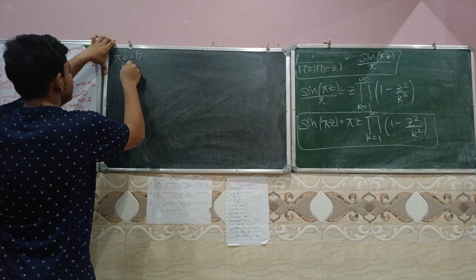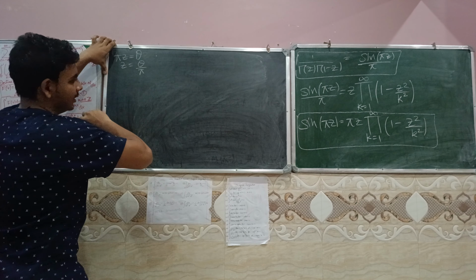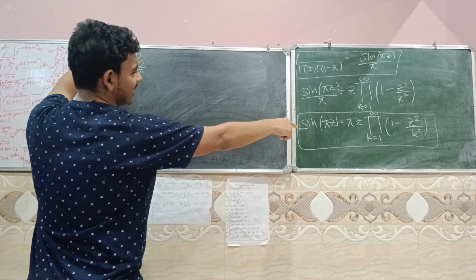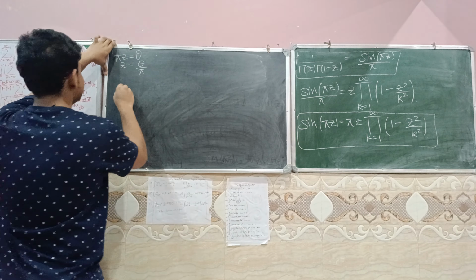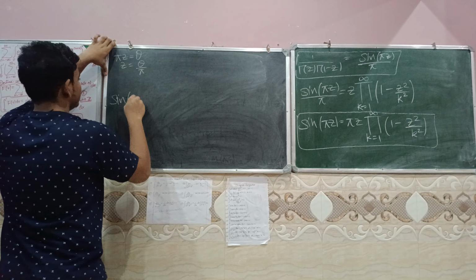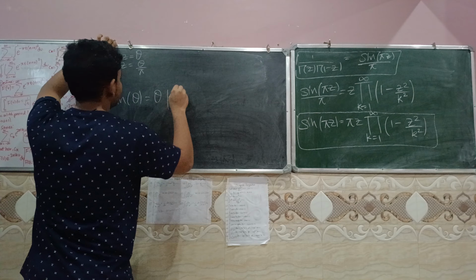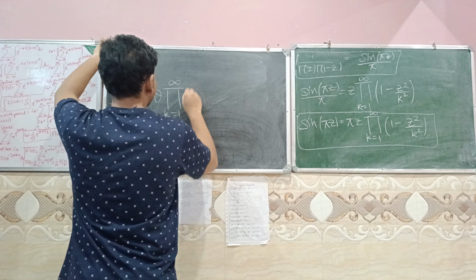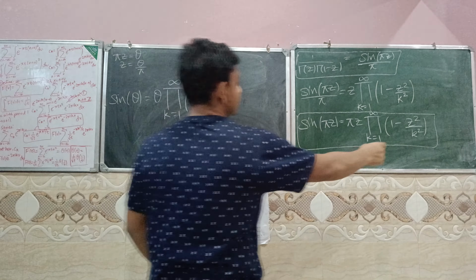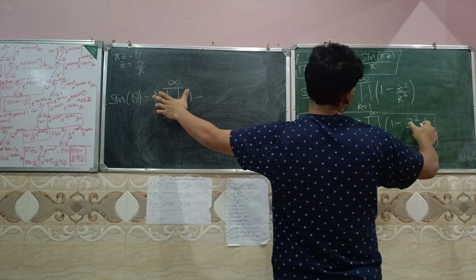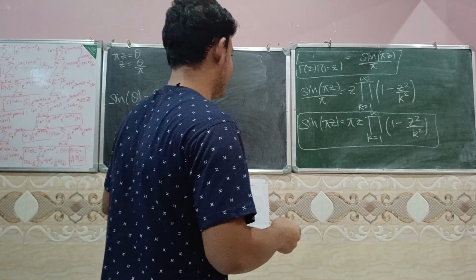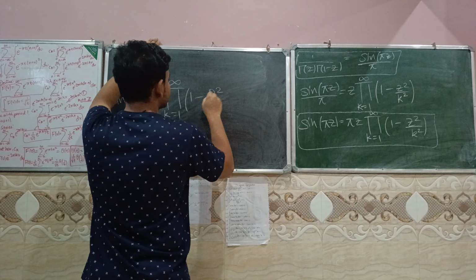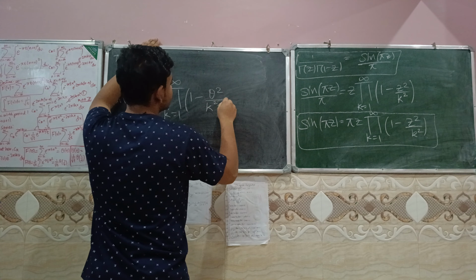So basically z here is theta over pi, right? So let's replace pi z with respect to theta and z with respect to theta. So basically we have sine of theta equals theta times the product as k goes from 1 to infinity of 1 minus, well, z here is theta over pi. It means theta squared over pi squared. So basically it's theta squared over k squared and pi squared.